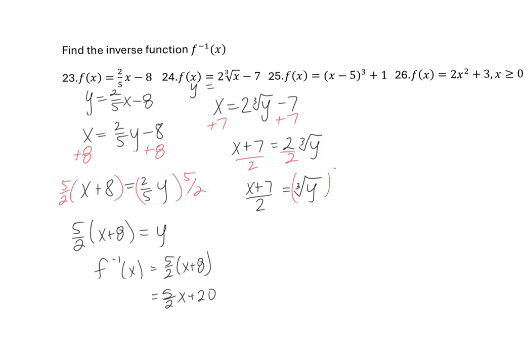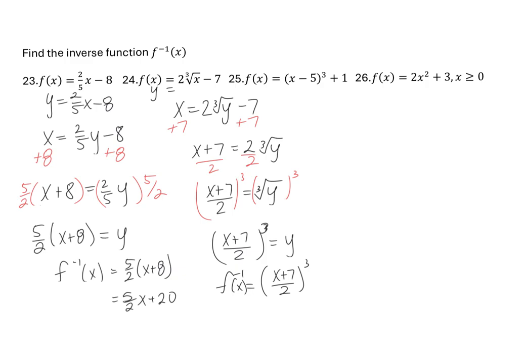And I'm going to cube both sides of my equation. And I have x plus 7 over 2 cubed equals y. And so f inverse of x is x plus 7 over 2 to the third power.